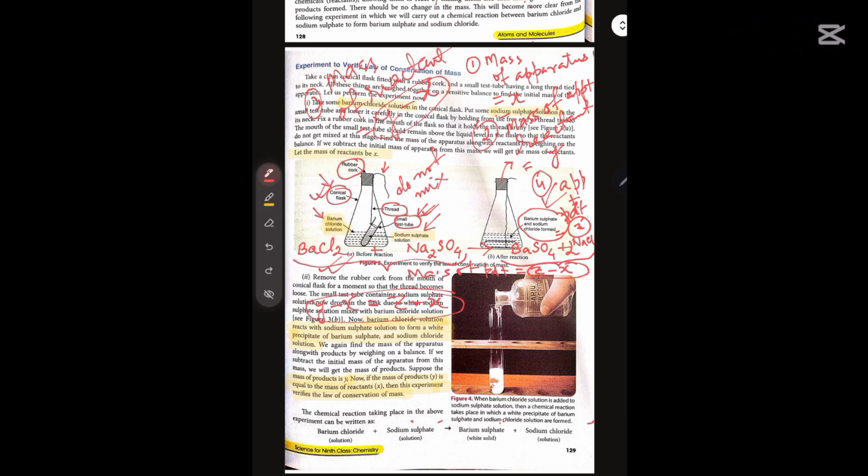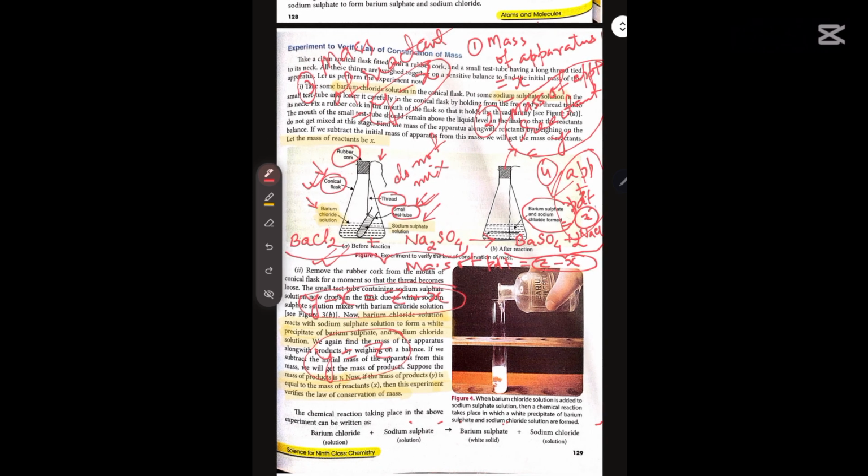Or I can say, since the mass of the apparatus is fixed, the mass of the apparatus X plus the mass of the reactant together is Y. Mass of apparatus and reactant, that is Y. And mass of apparatus and product, that is Z. So Y should be equal to Z, because the mass of the reactant should be equal to the mass of the product. I hope this concept is clear.